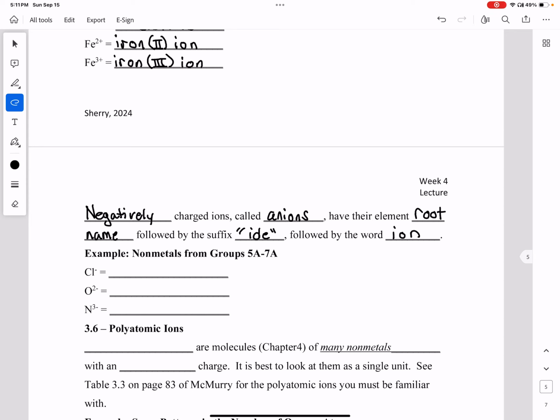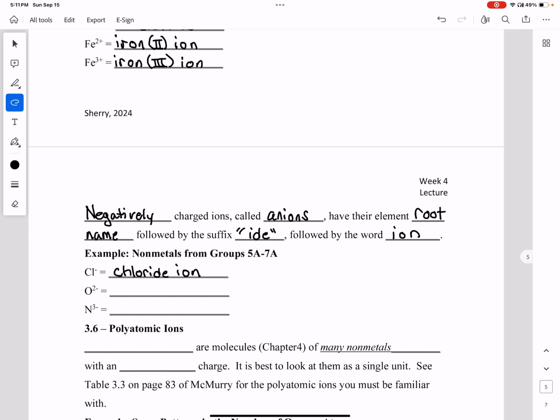So Cl minus, I would just say chloride ion. And I'm not specifying the charge because anions are always fixed charge. So we know based on the periodic table what charge it's going to be.